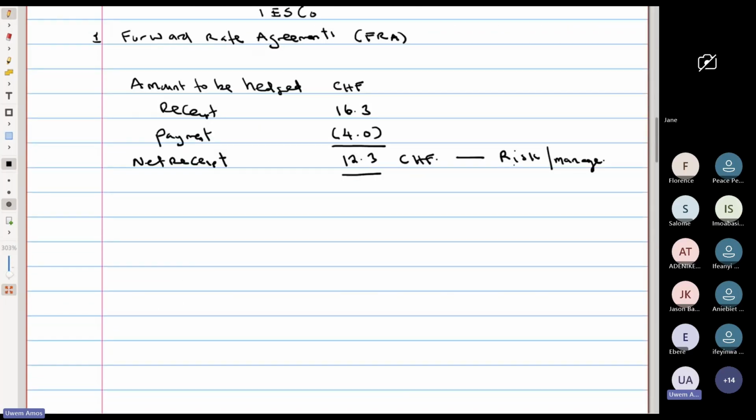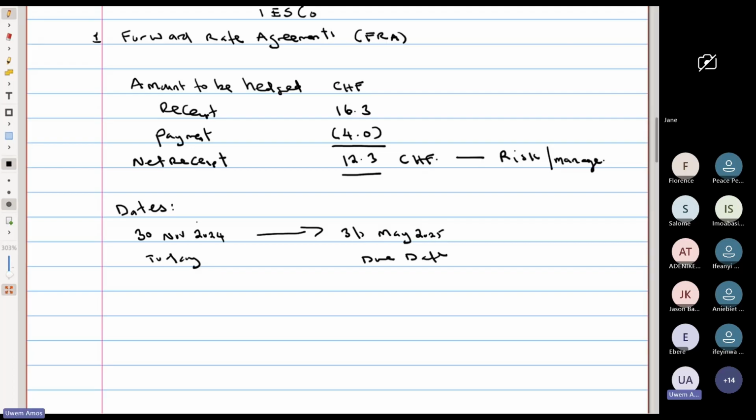So we're trying to look at the dates. Today is 30th November 2024. We're expecting the receipt on 31st May 2025, which is the due date.